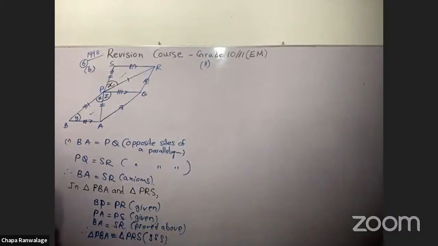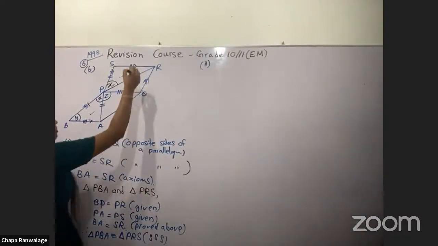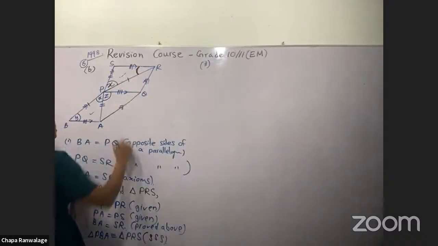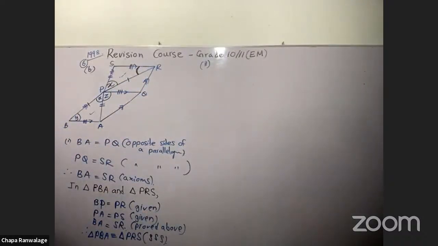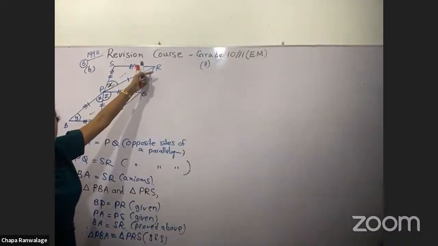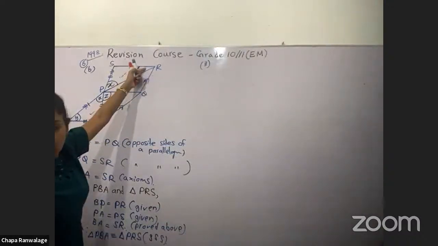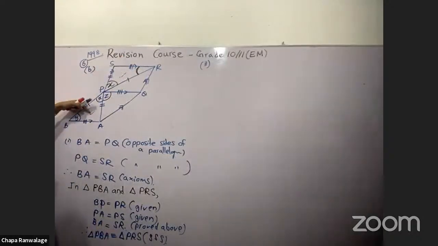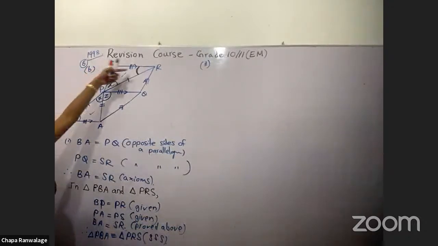And tell me, what about this angle? What about this angle? It goes by corresponding elements. This one is in front of the double line. Here in front of the double line we have this angle.